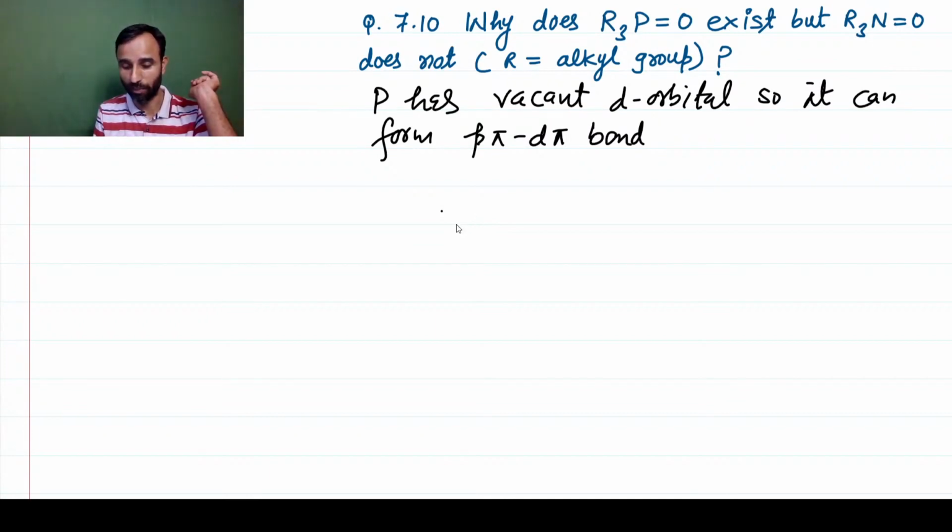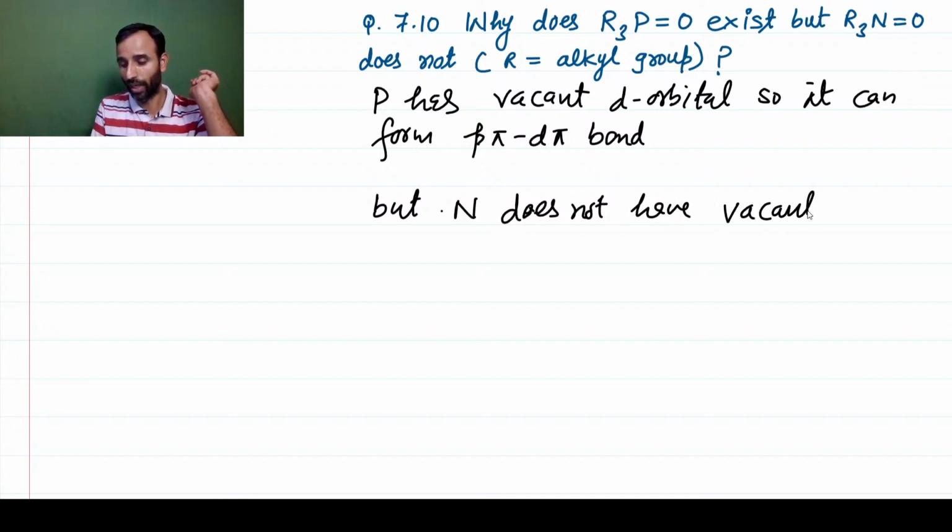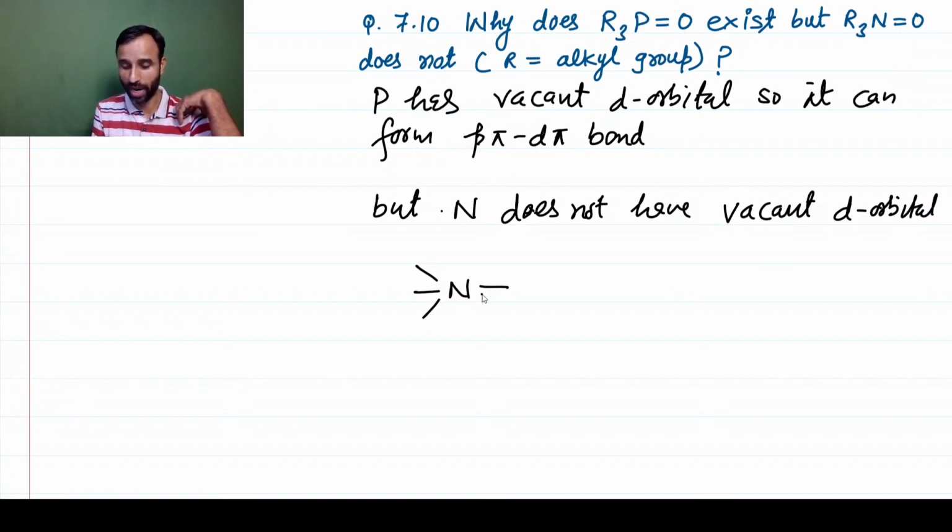It forms a p pi-d pi bond, but nitrogen does not have a vacant d orbital. You know, nitrogen does not have a d orbital. Therefore, nitrogen cannot expand its covalence beyond 4. So here, if you see, there are 5 bonds.